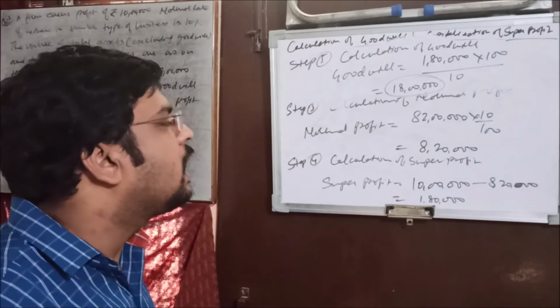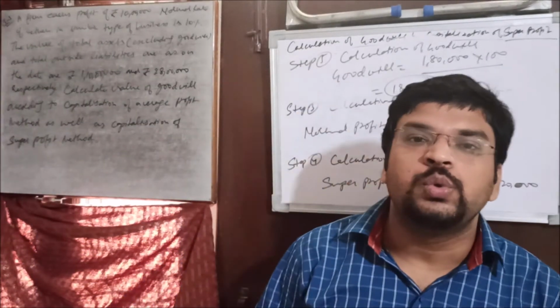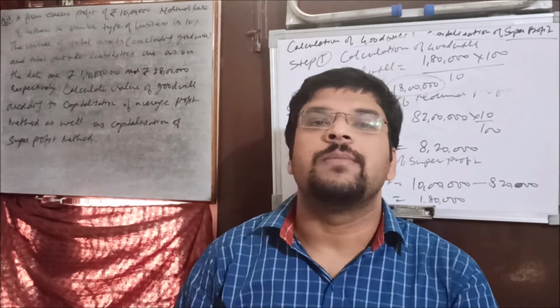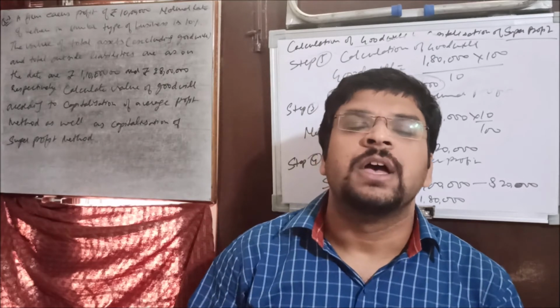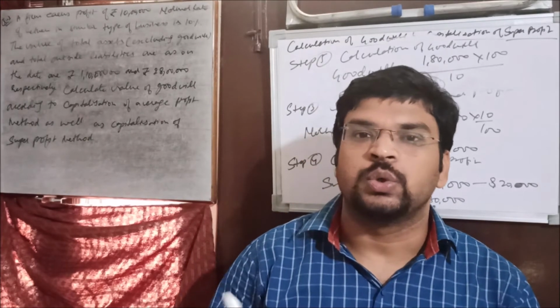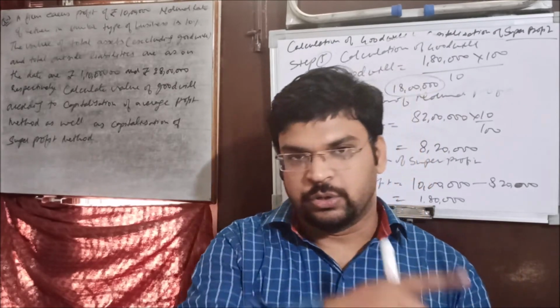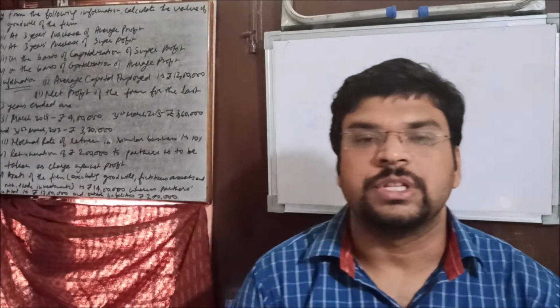Now, at last, I would like to solve one more numerical question for you, which includes more than one method. It is a comprehensive numerical question, which includes the calculation of goodwill through various methods, right? You can see the question on your screen. So this is the question.